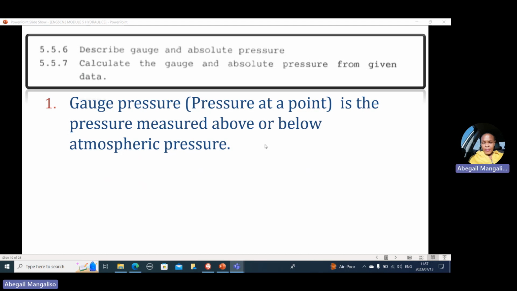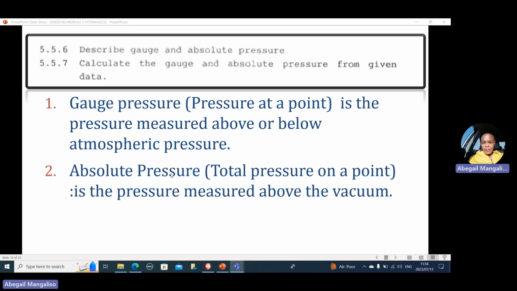This gauge pressure gives you the difference between the pressure at a point and the atmospheric pressure, so it excludes the atmospheric pressure.